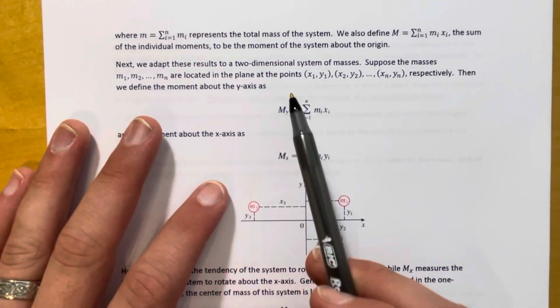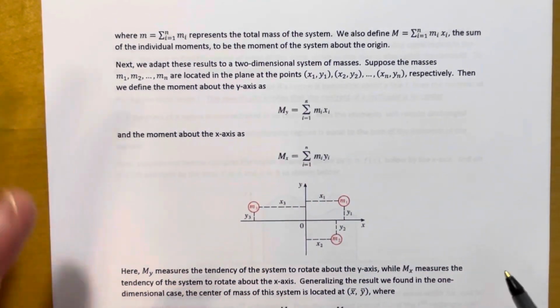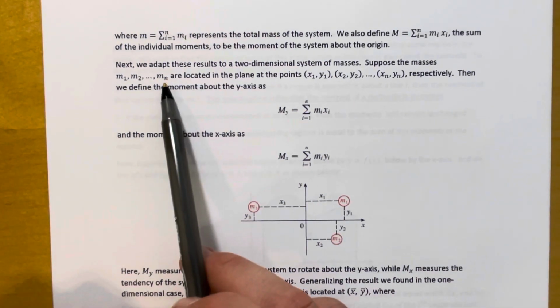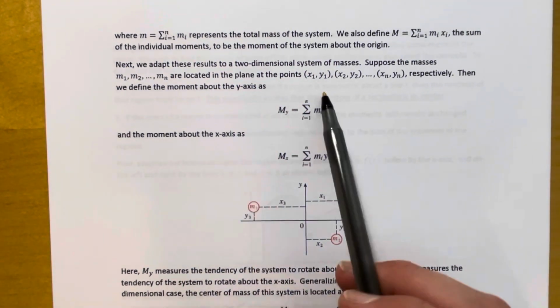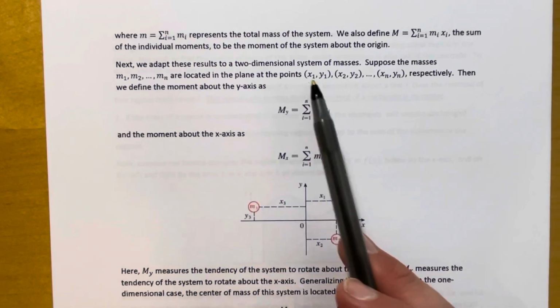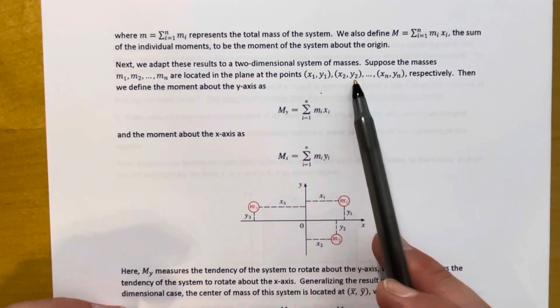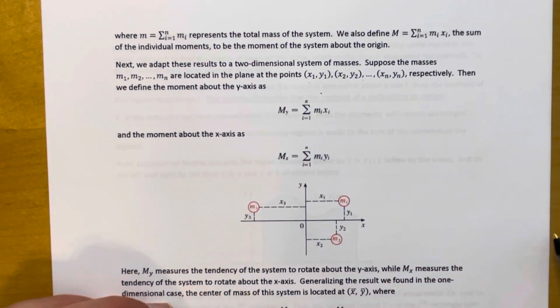Well, now what we're going to do is imagine that we're in the plane. So here's the diagram we're working with. And in the plane, we want to have, again, n different masses that are all concentrated at single points in the plane. So let's suppose that those points are located at x1, y1 for the first mass, x2, y2 for the second mass, and so on, all the way through xn, yn for the nth mass.